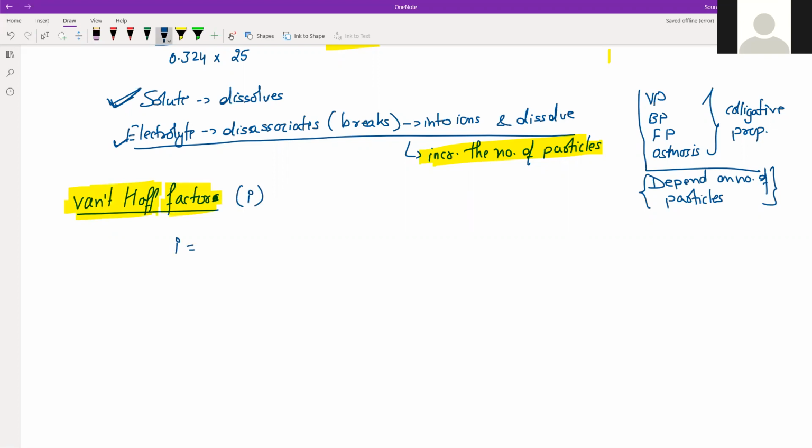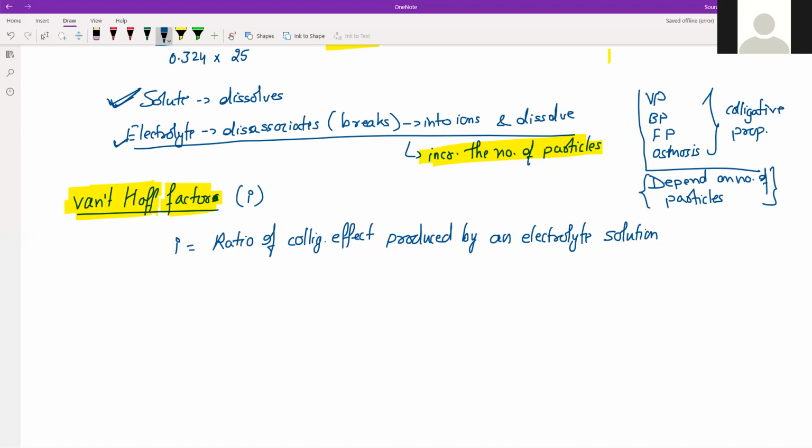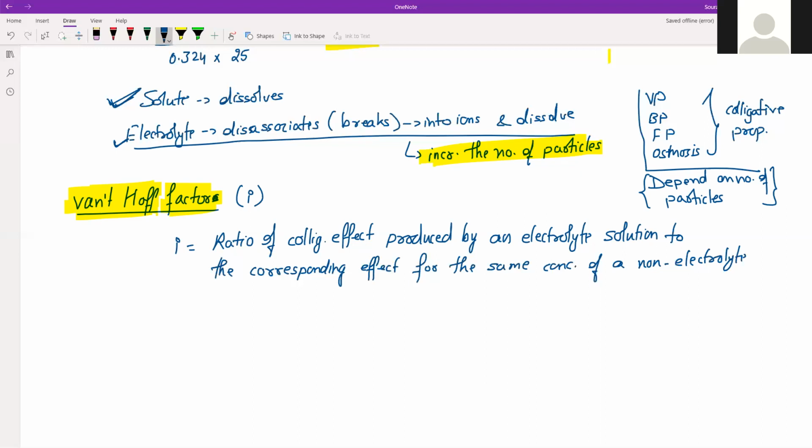And what is i? i is simply the ratio of the colligative effect produced by an electrolyte solution to the corresponding effect for the same concentration of a non-electrolyte solution.